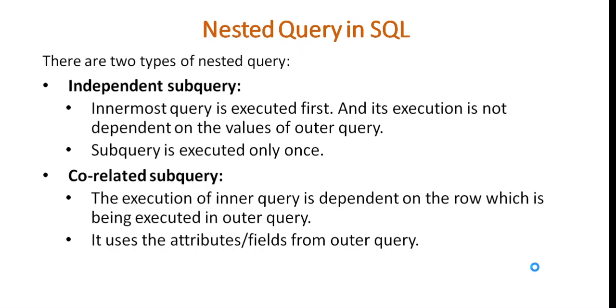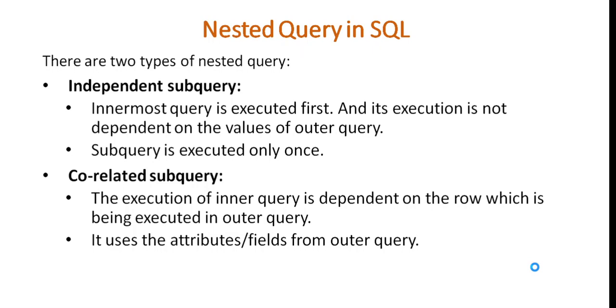That's why it is called an independent subquery. Its execution is independent of the outer query, and thus an independent subquery is executed only once. The first time this query gets executed and the output is given to the outer query.